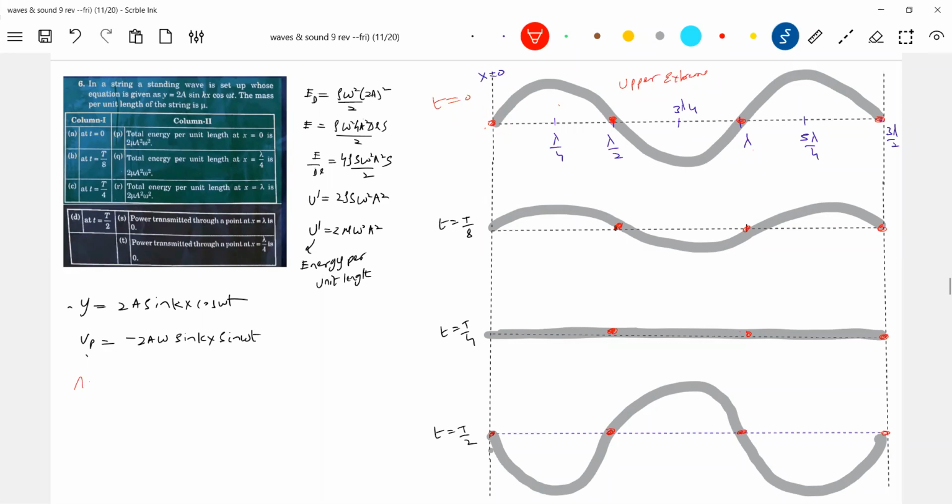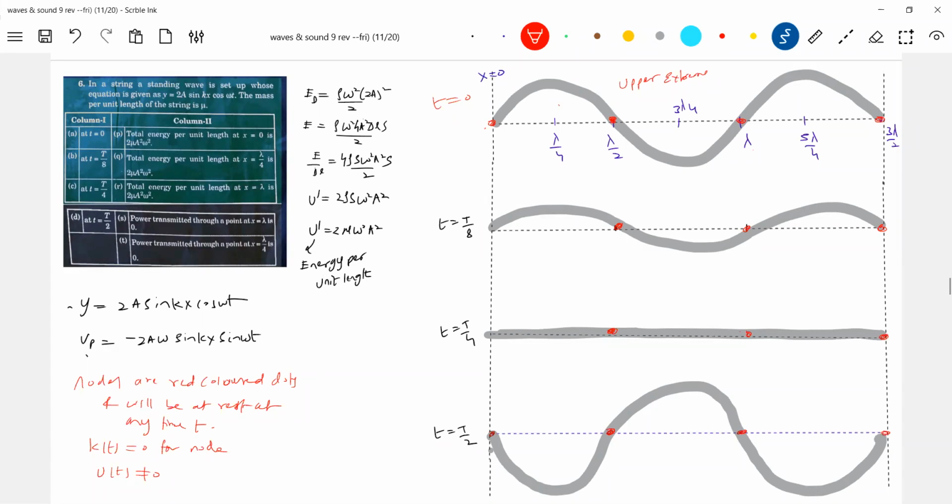Red colored dots are nodes and will be at rest at any time t. So therefore, kinetic energy at the node must be 0. What about the deformation energy? It should be non-zero, and it will vary harmonically. So therefore, total energy per unit length at x equal to 0 is in fact a correct option.